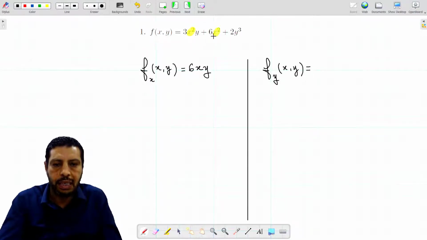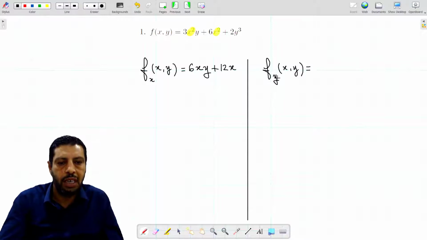Now, for the second quantity, you have x squared, its derivative is 2x multiplied by 6, it gives plus 12x. The last term has no x inside, so it's considered as constant, and its derivative with respect to x is simply 0. So your partial derivative with respect to x is 6xy plus 12x.